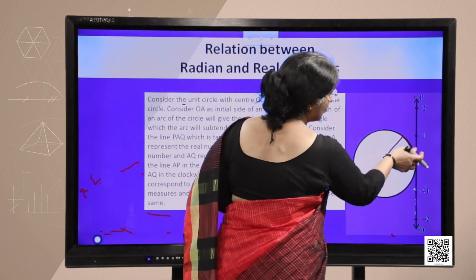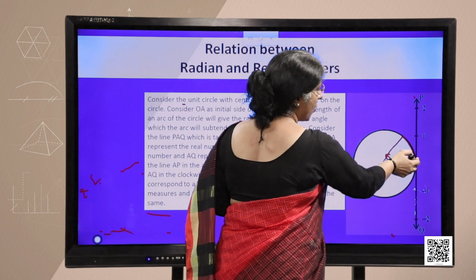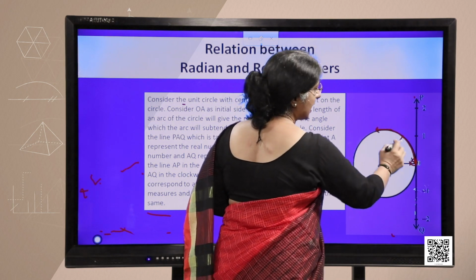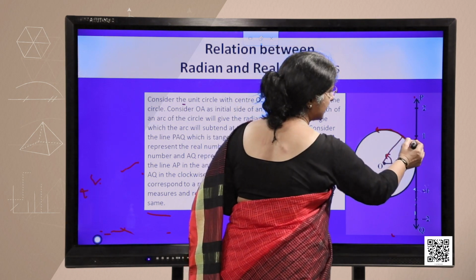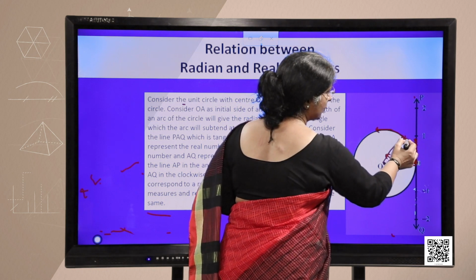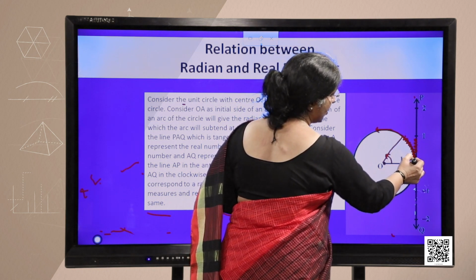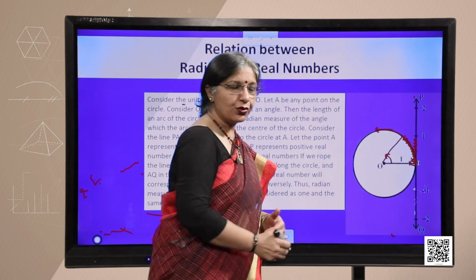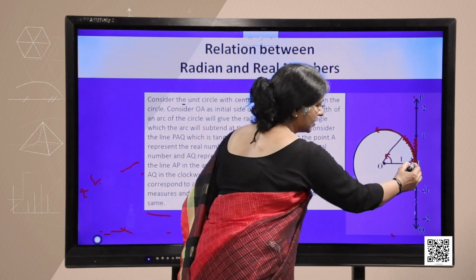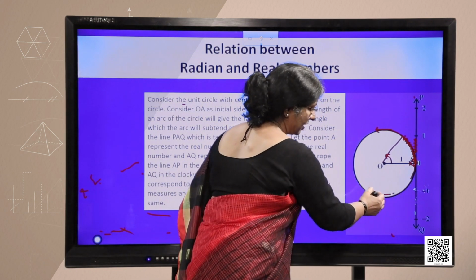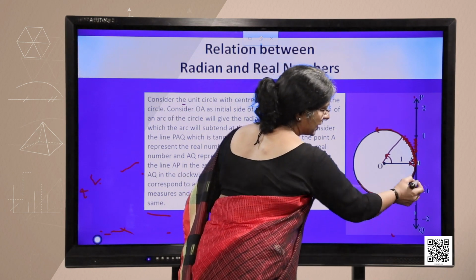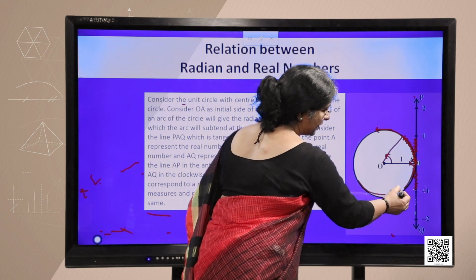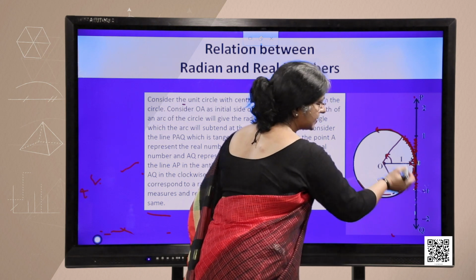If we rope in this OP on the circle in anti-clockwise direction, then every point on this real number line will correspond to a radian measure on this circle. And if we rope in OQ in clockwise direction on the circle along the boundary, then every real number will correspond to some radian measure on the circle.